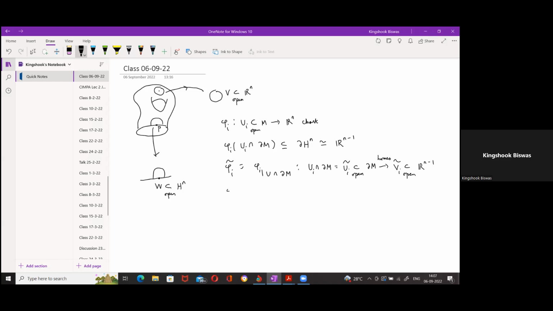And it's easy to see the change of charts phi j tilde composed phi I tilde inverse is smooth from Rn minus 1 to Rn minus 1. Okay, so this is a C infinity diffeomorphism between open subsets of Rn minus 1.